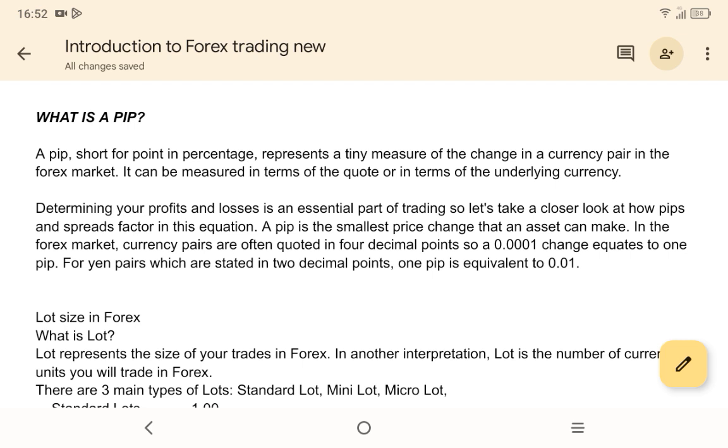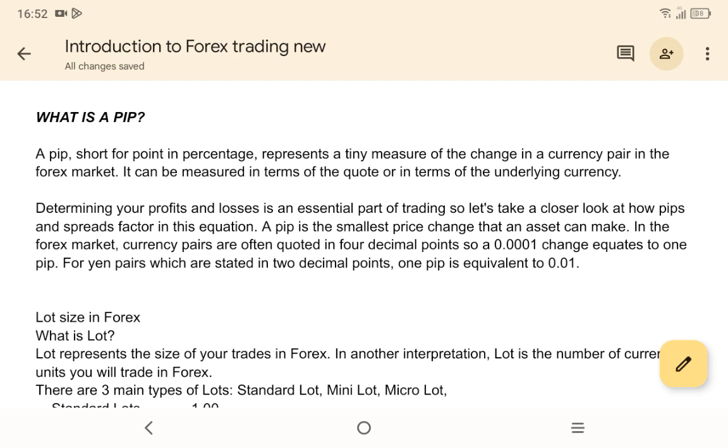Like for example, they say a pip is the smallest price change that an asset can make. Now in the forex market, you will know that there's what we call TradingView, or we have the MT4 or the MT5, where you trade the market or where you analyze the market. On your MT4 and on your MT5, that is when you see how the chart is being moved.